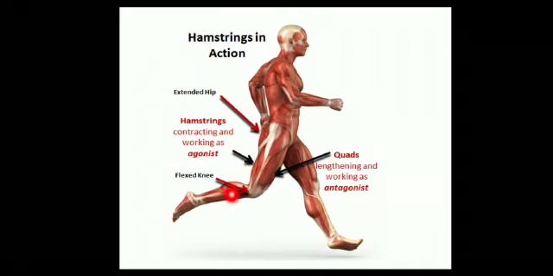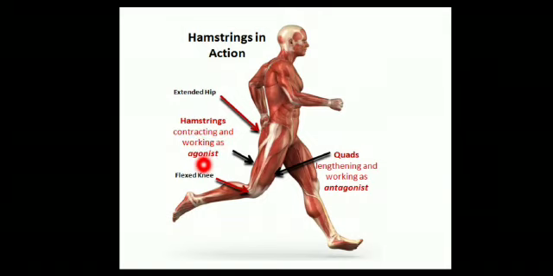So here, when the flexion of the knee is occurring, the muscles which primarily contract are the hamstrings, working as agonist. This is opposite to the upper limb. So in the flexion, the hamstrings contract and act as prime movers, while the quadriceps femoris relaxes and acts as antagonist.